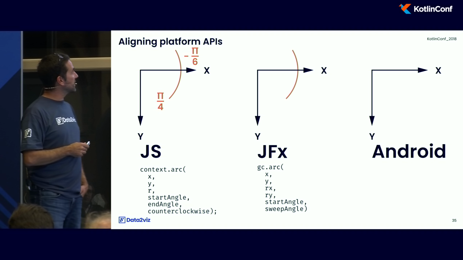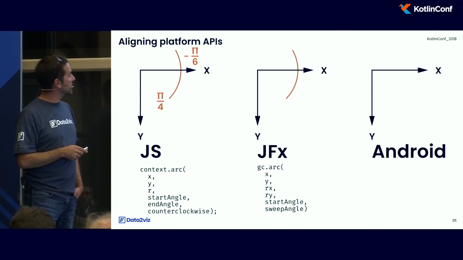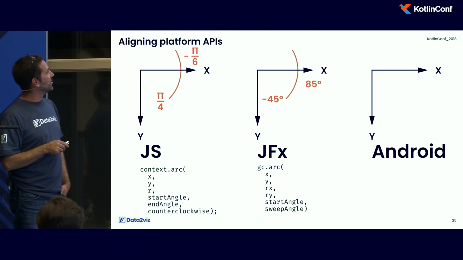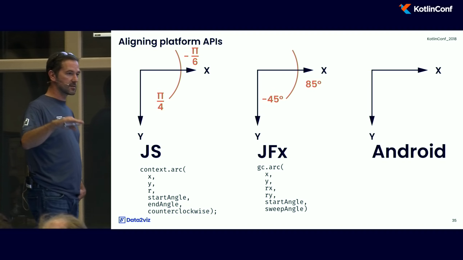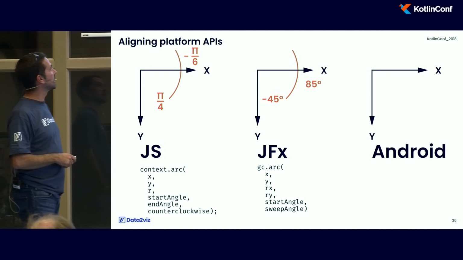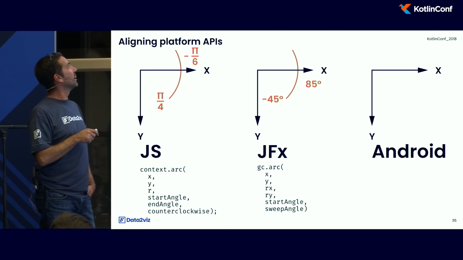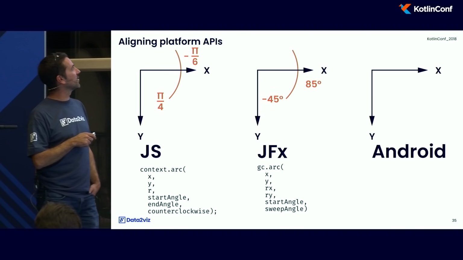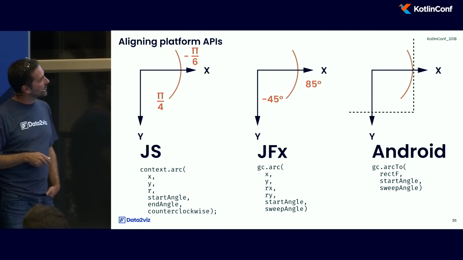When you do JavaFX, you have the center of the circle, and you have two radii, one on the x-axis and one on the y-axis. And now you have a start angle and a sweep angle. So you start at -45 and you do 85 degrees. And on Android, the name of the function is not arc.